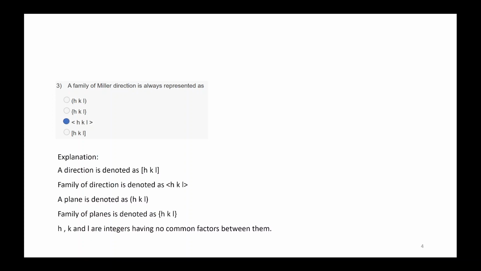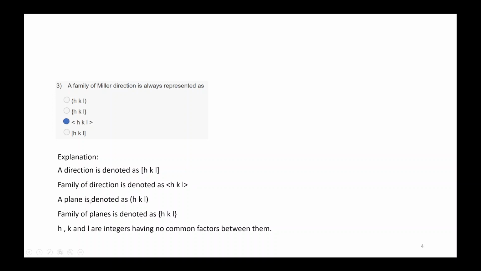A family of Miller directions is always represented as: your options are small bracket, curly bracket, triangular bracket, or square bracket. Your answer will be triangular bracket. These are the various conventions for denoting direction and family of directions. For a direction you use square brackets, and for a family of directions you use triangular brackets.